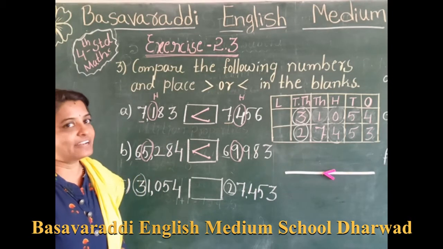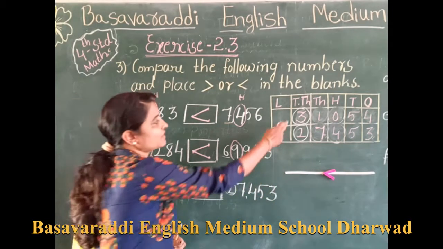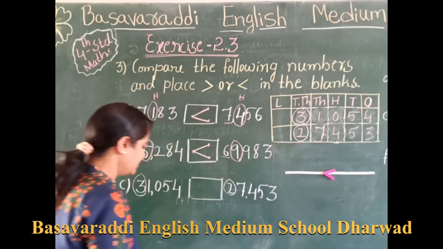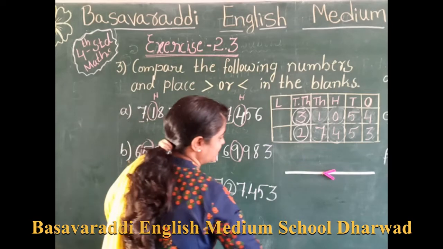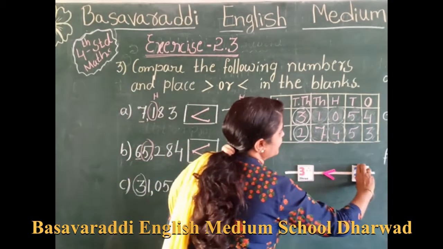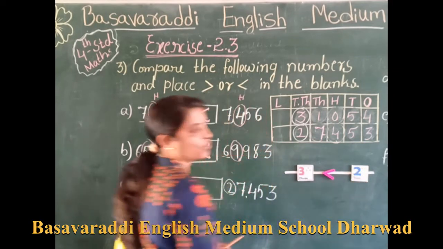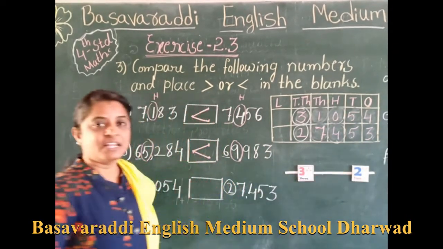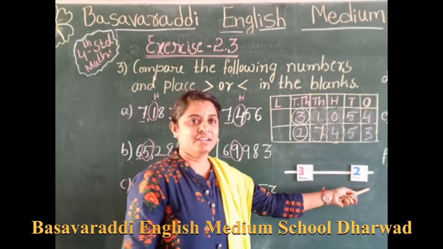We are comparing that one only. Here we got the 3 and 2. Then we have a 3 in the first number. Then we are comparing 3 to what? 2. Then which number is big there? 3 is big or 2 is big?